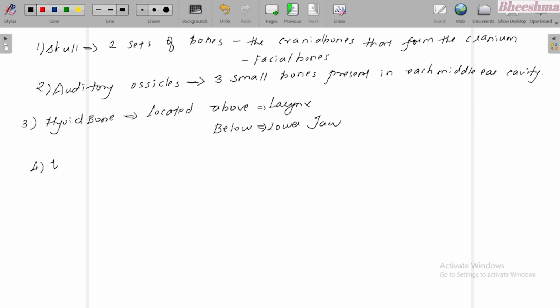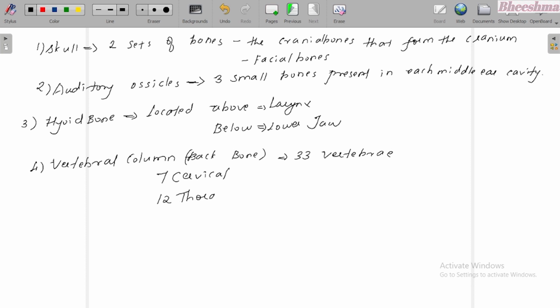The next, fourth one, is the vertebral column, your backbone. It consists of 33 vertebrae: 7 cervical, 12 thoracic, 5 lumbar, 5 sacral, and 4 coccygeal.